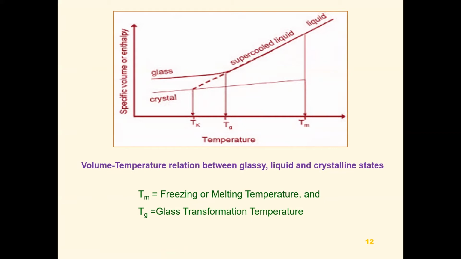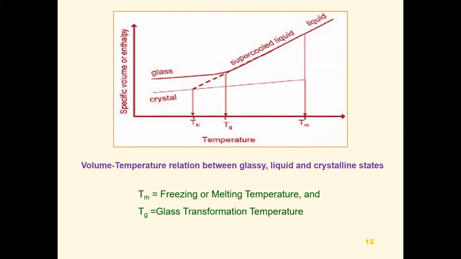In the temperature range seen here between Tm and Tg, you can see the three different states of the non-crystalline materials. Tm is the freezing or melting temperature, and Tg is the glass transition temperature. Above the melting temperature, the non-crystalline material is in the liquid form.